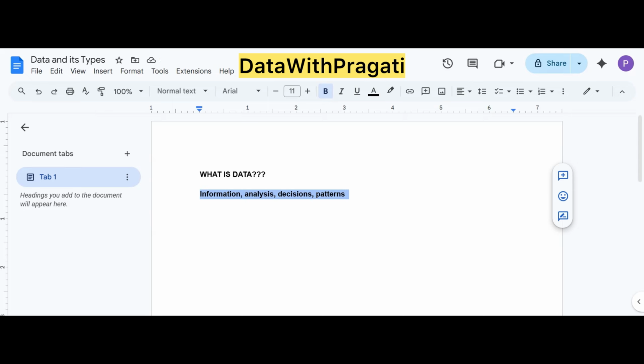Think of it like pieces of a puzzle. Individually they don't mean anything, but when you put them together, they reveal a bigger picture.